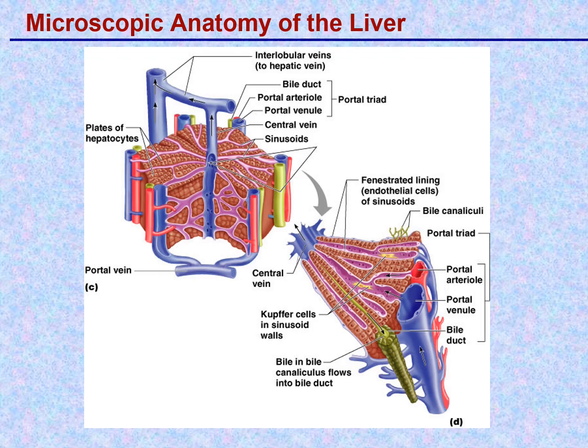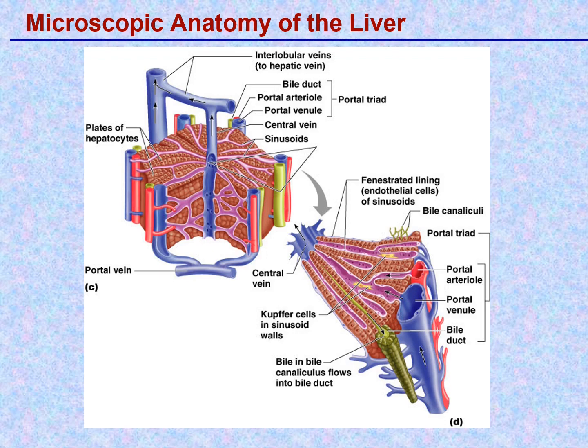Well, venous blood that drains the intestine, that is filled with nutrients if you had a meal and were digesting your meal, comes back into the liver, and it enters into the liver through what is called the hepatic portal vein.